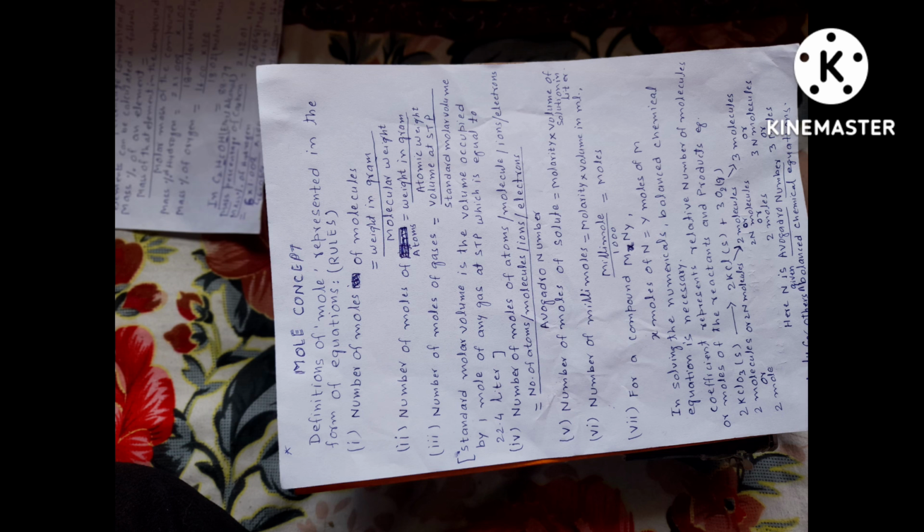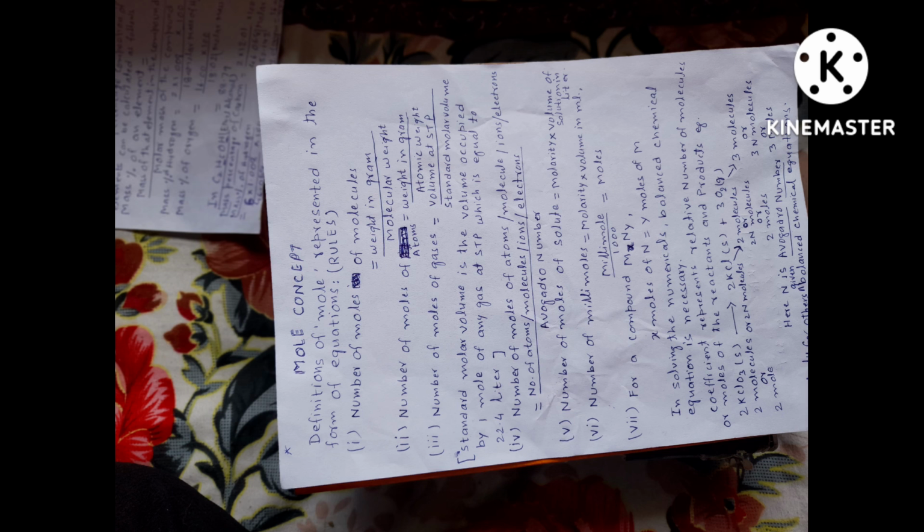Now, in the same way, two more relations are there. In terms of millimoles, number of millimoles is equal to molarity into volume in milliliter. Very simple. Earlier I told you number of moles of solute is molarity into volume of solution in liter.